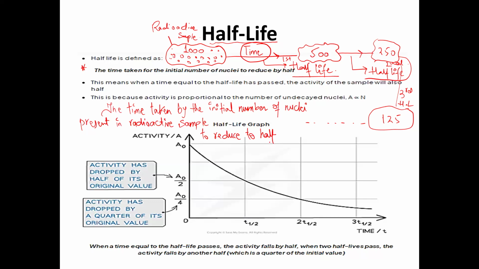The time taken by the initial number of nuclei present in a radioactive sample to reduce to half is known as what?